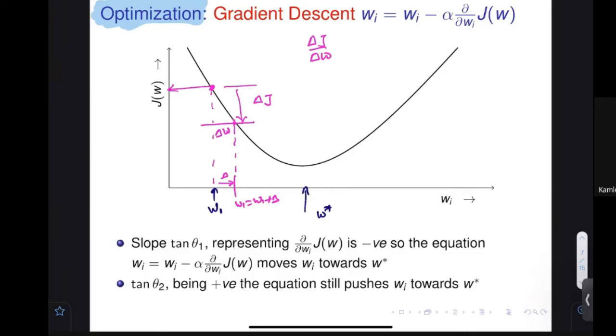Am I right? Is this gradient positive or negative? You can see that when I increase the value of W, my J is going to reduce. So this quantity is actually a negative quantity. This delta W is positive, I have increased this W, and this delta J is negative. So the value is negative.